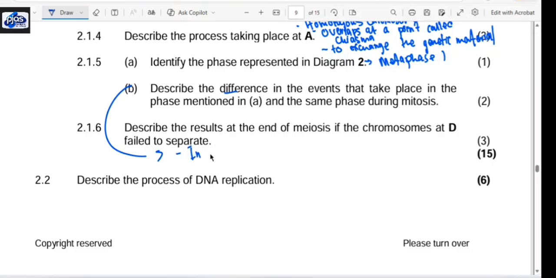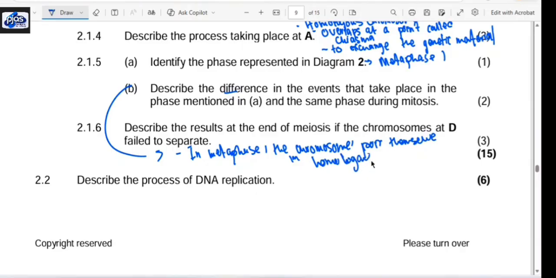So we just say in metaphase 1, the chromosomes pair themselves in homologous pairs. You understand?